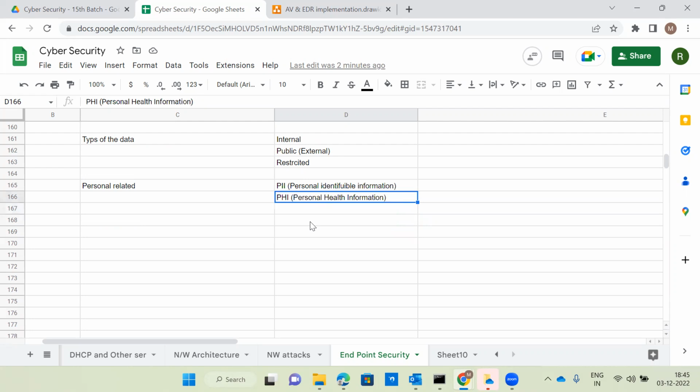In personal health information, basically if an employee has any critical disability or any critical disease, the HR team should not disclose that PHI data to other people. Maybe one of the persons is blind or deaf or has cancer and so on. Even employees should not harass those people, and even our HR team should not inform other people or other employees.